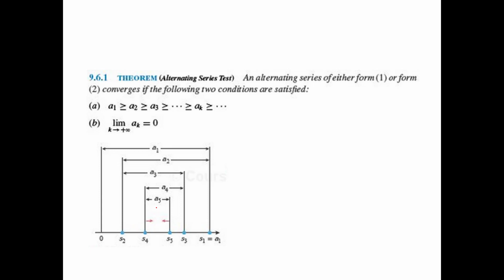This picture that you see here at the bottom illustrates why this is true, right? So if you look at the sequence of partial sums, S1 is just A1. And so they put S1 right here. And so S1 is on the real number line. It's a real number. It's just the sum of the first term. Now, S2 is just to take S1 and add the next term, A2.